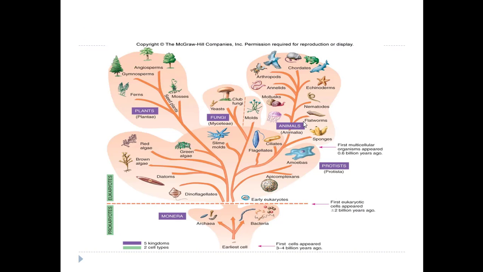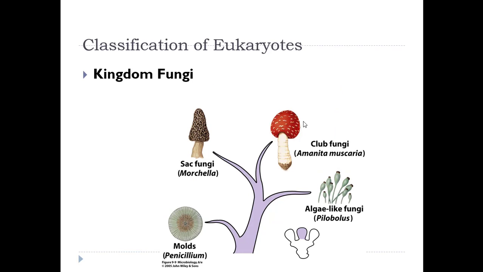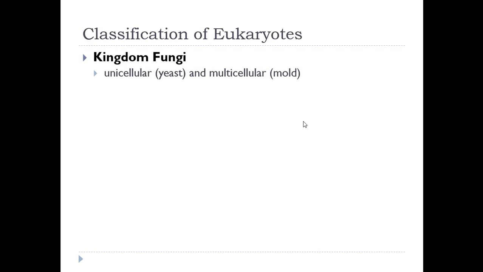More pictures. All right, so we're going to our next kingdom, the kingdom of fungi. So here we have our molds and our mushrooms, stuff like that. The kingdom fungi, they can either be unicellular, like yeast, or multicellular, like mold.